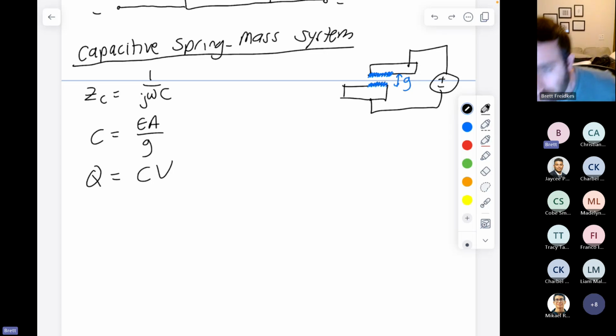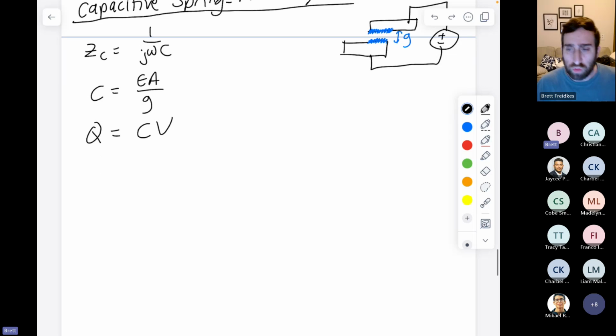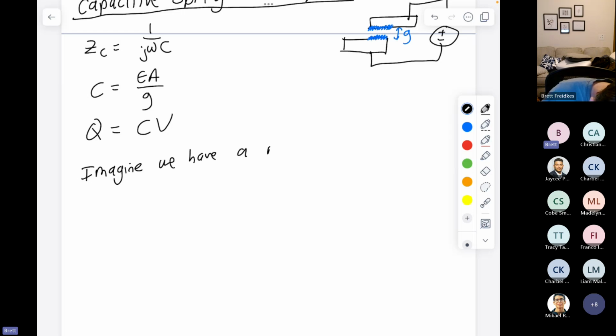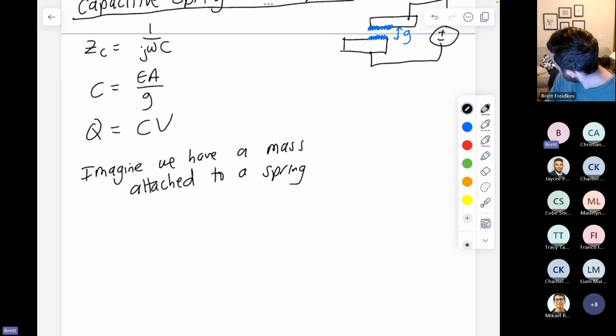So let's go ahead and look at a problem with a spring and a mass. The first thing I'm going to do is just say, imagine we have a mass attached to a spring.